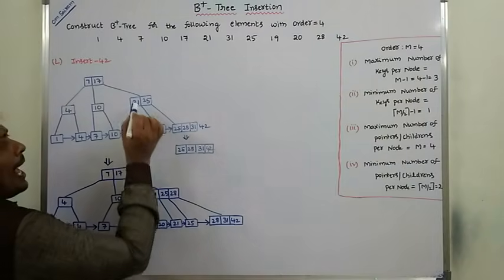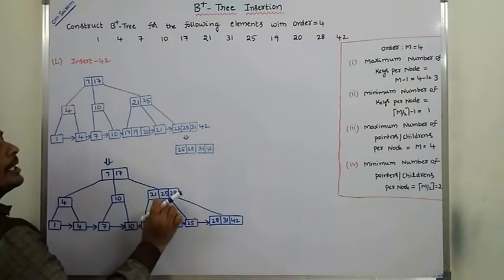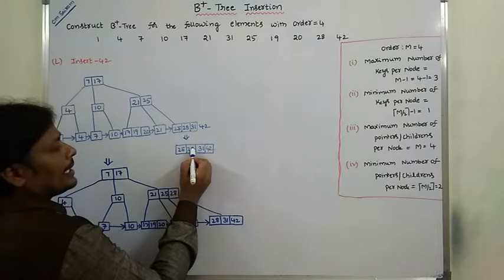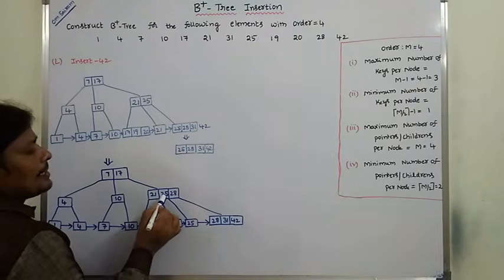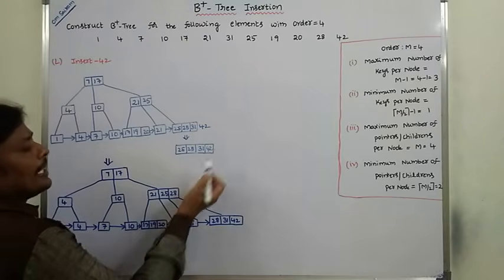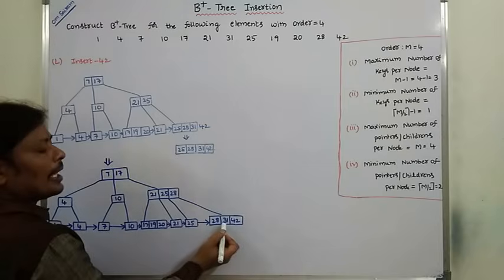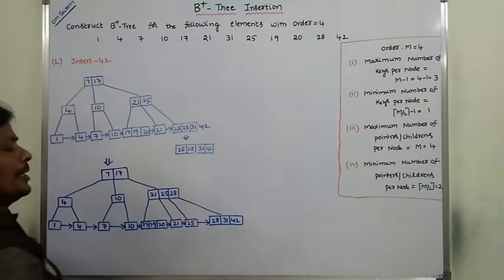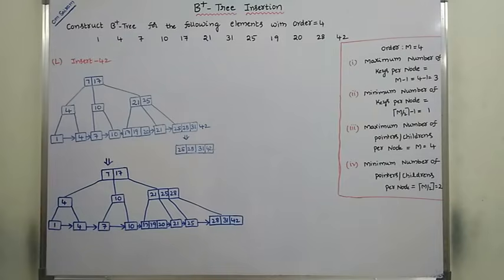Now after adding 28 at the parent, we get 21, 25 and 28. 28 left child is 25. 28 right child is 31, 42. We are also adding 28, so here 28, 31, 42. So this is the final B plus tree we are getting after inserting all the elements.